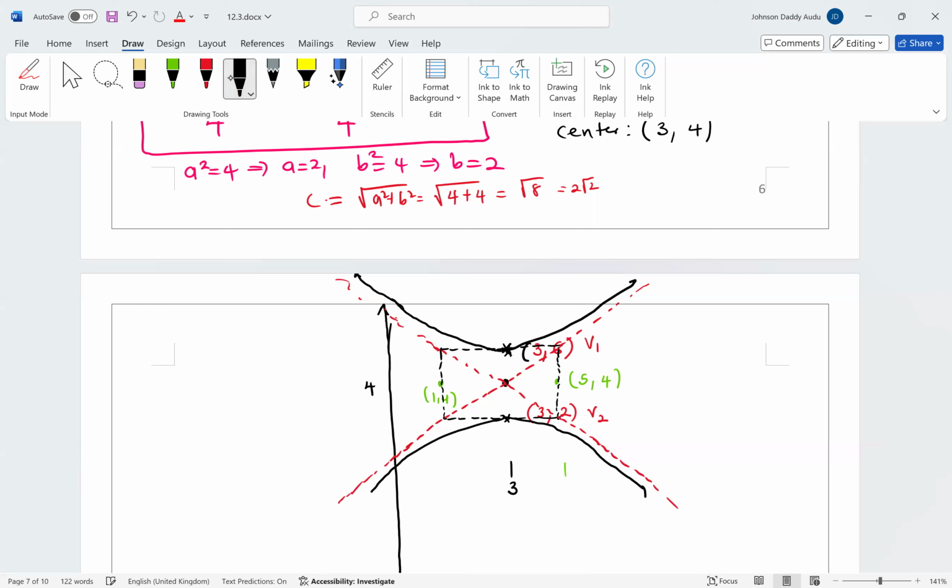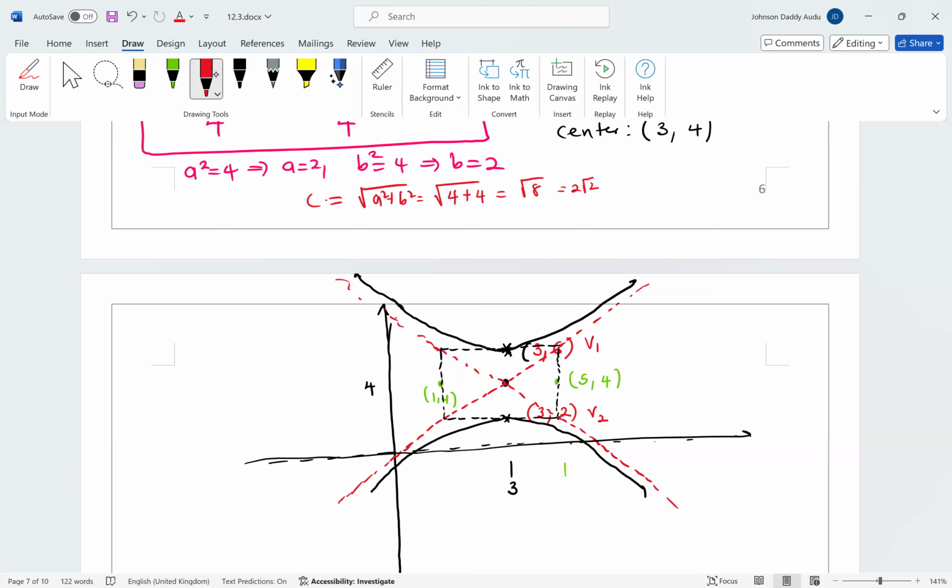And don't forget we have our origin here. All right, so this is how the graph should look. But one thing we have not done is the focus. So what is our focus?